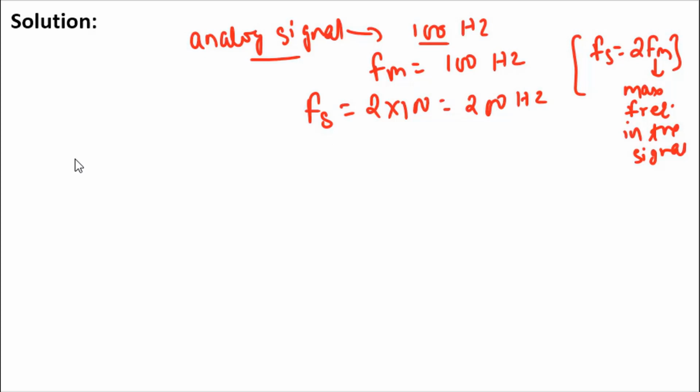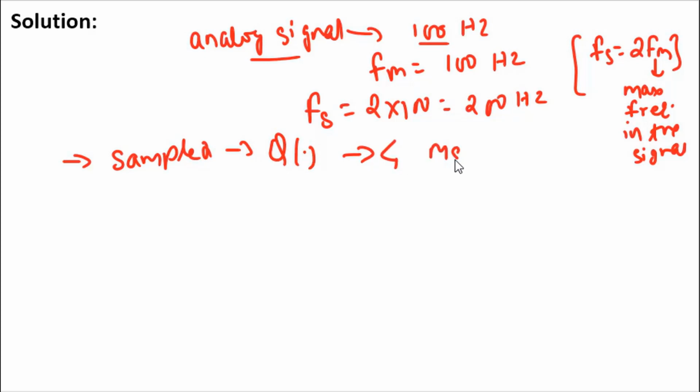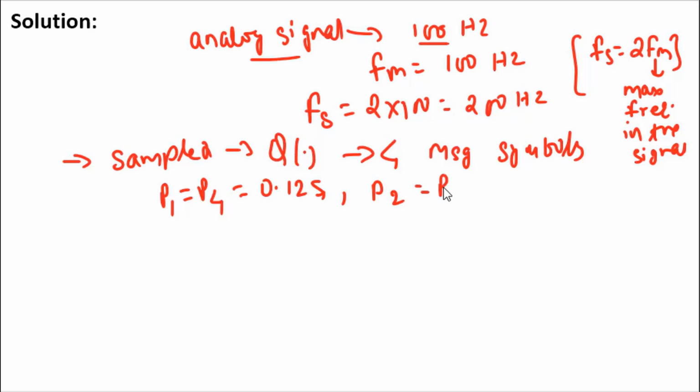Now, after that, the sampled signal is quantized in 4 message symbols. And you are given the probability P1 equal to P4 equal to 0.125 and P2 equal to P3.